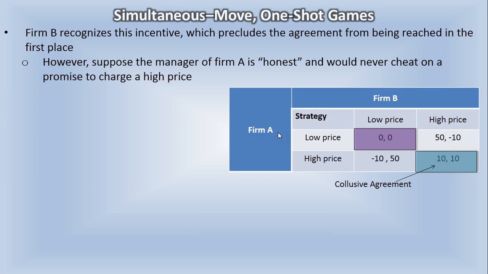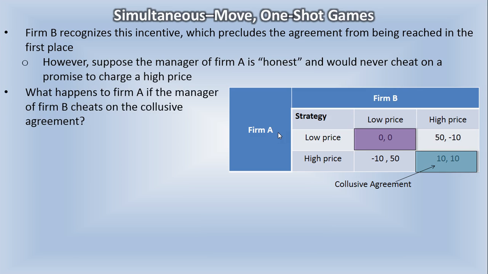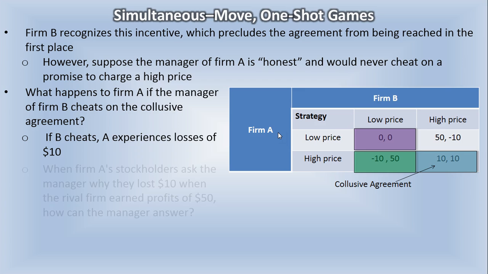However, suppose the manager of firm A is honest and would never cheat on a promise to charge a high price. The question is, what happens to firm A if the manager of firm B cheats on the collusive agreement? If they both agree to charge the higher price and then firm B cheats on the agreement, then they wind up here, and A experiences losses.